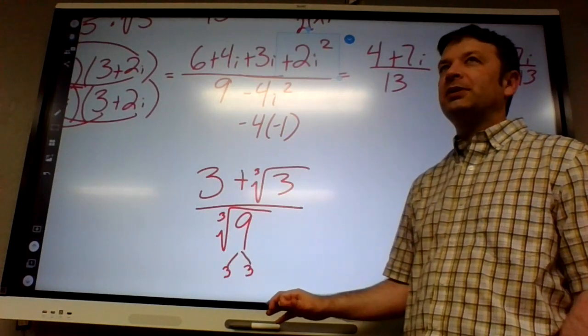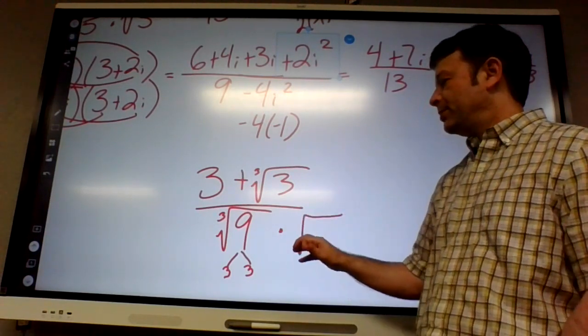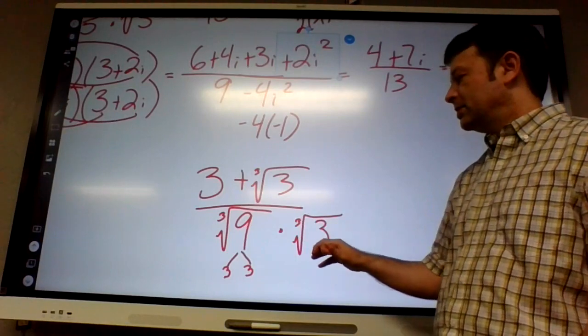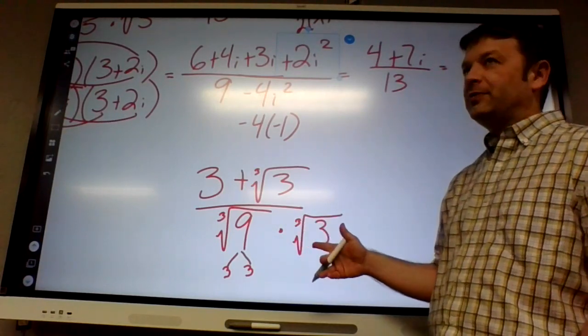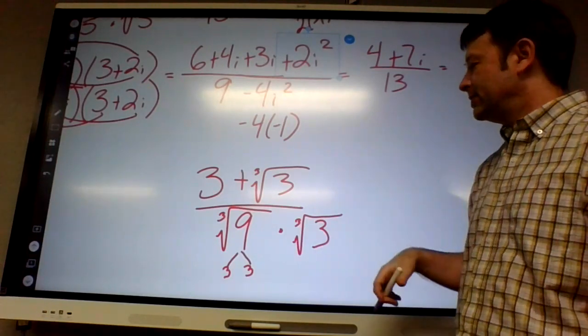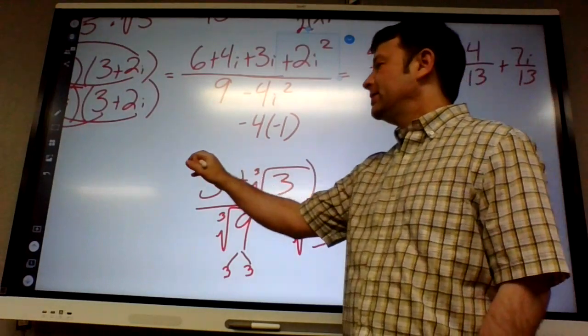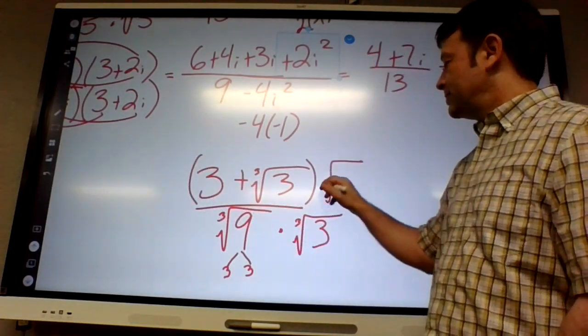It's got two 3's in it, so if we give it just one more 3, it's going to be 27. Does 27 have a cubed root? Yes. You could do times 9 twice, but that'll make a lot of work in the future.